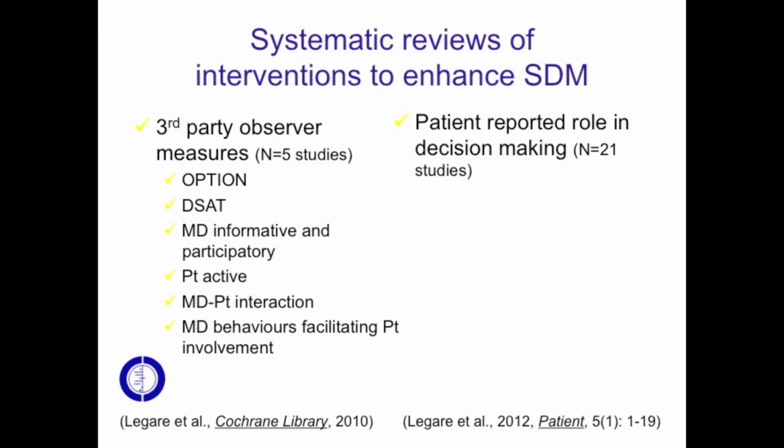In it there were 5 studies, and some of the instruments and outcomes used in this review are the OPTION instrument, the Decision Support Analysis Tool, the physician informative and participatory style, patient active MD-patient interaction, and physician behaviors facilitating patient involvement. So these are some of the types of measures that are being used, but more particularly the OPTION and the DSAT are really more third-party observers.